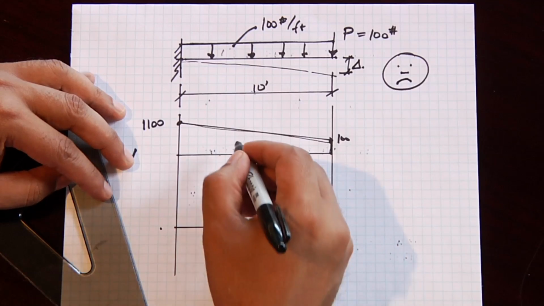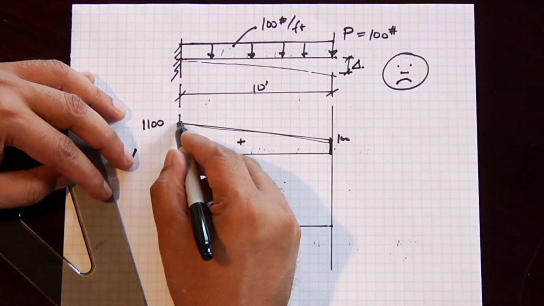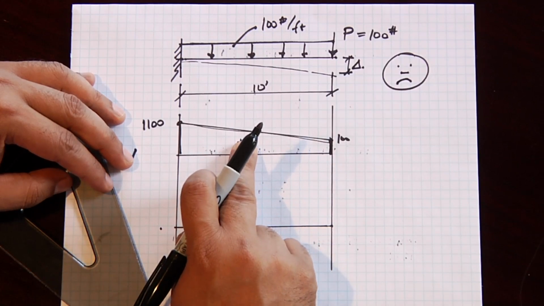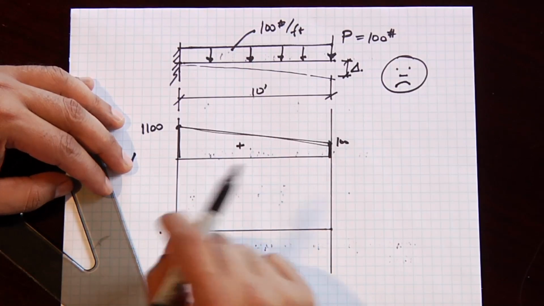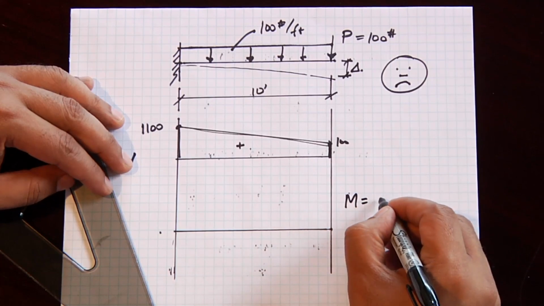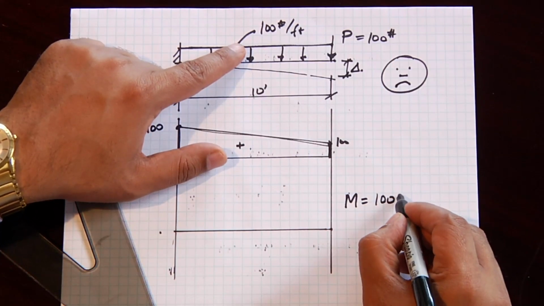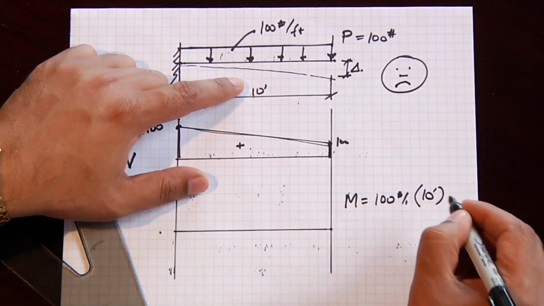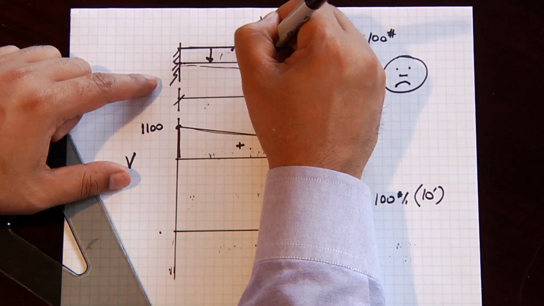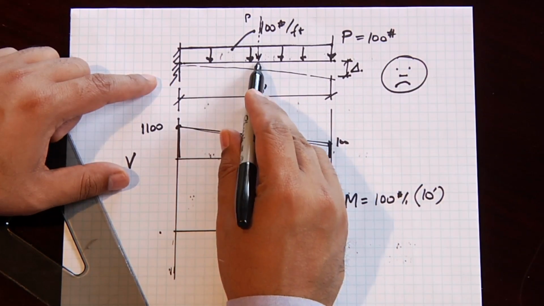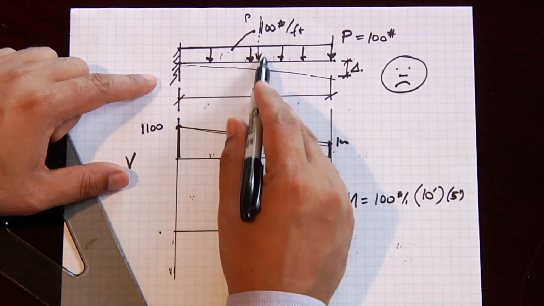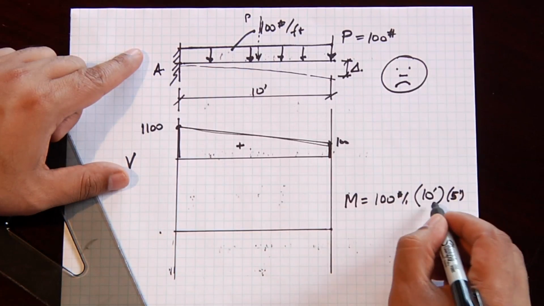First, we can calculate what our moment is on the left-hand side. This is a positive shear area. It's a trapezoid. So first thing we do is we can calculate the negative moment here, which should equal the area under the shear diagram. But let's go ahead and calculate that negative moment. That negative moment is 100 pounds per foot, which is this uniform load, times the span, which is 10 feet, which gives us the total load, which should be looked upon as acting at the center of gravity, times the moment arm, which is 5 feet, which is the distance from that uniform load center of gravity to the end point A. That's what this part is.